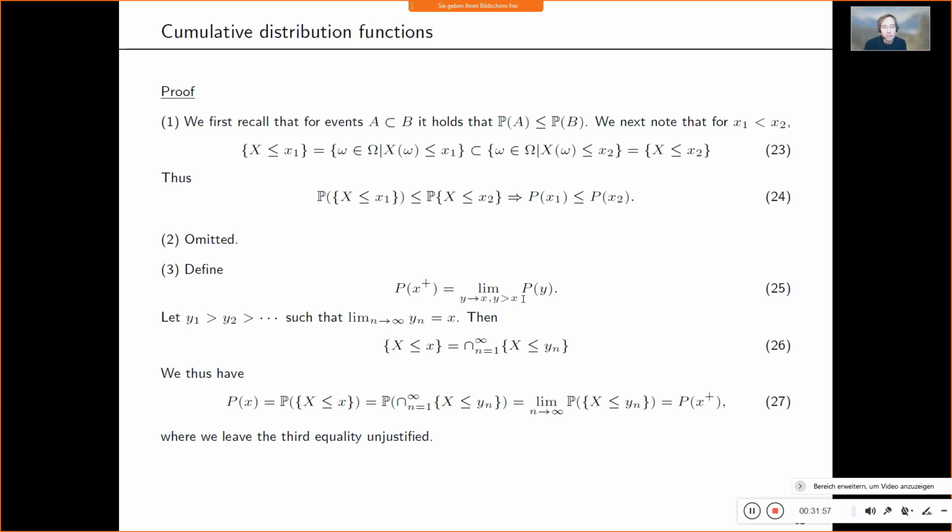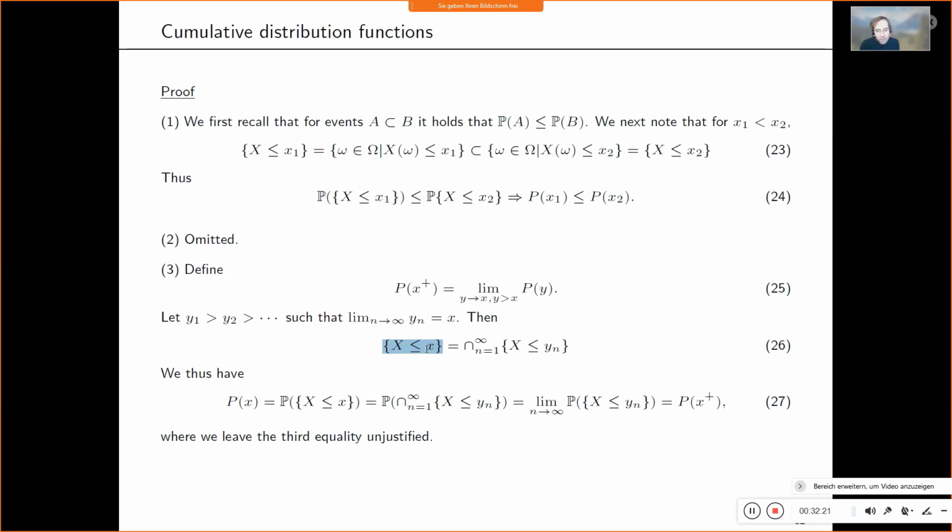And here what I'm defining is this value p(x+) as the limit for approaching x via y's that are larger than x. And now we assume that we have a sequence y1, y2 and so on, such that the limit for n going to infinity of yn is x.